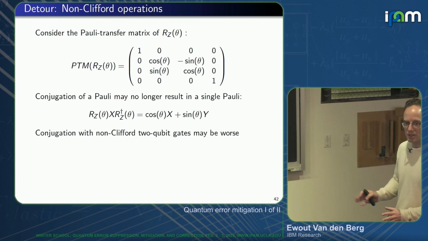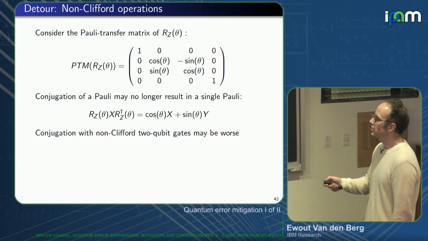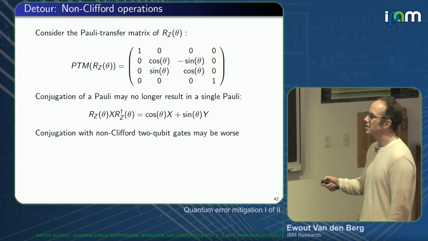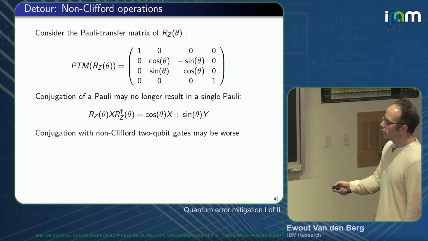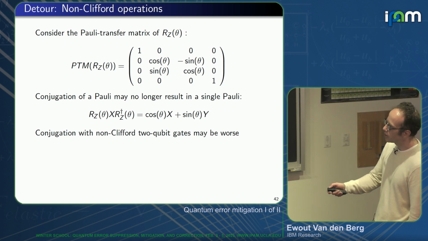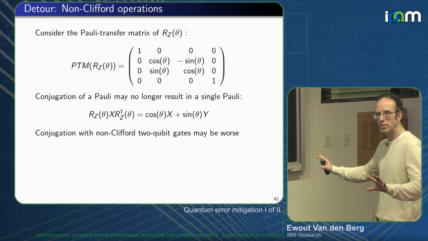Now, just as a detour, Clifford operators you can easily simulate, but non-Clifford is hard. And why? If you look at the Pauli transfer matrix of some Z rotation, this is what the Pauli transfer matrix will look like. So you get a cosine sine term here. So if you apply this to a Pauli X, you get some cosine term times X and a sine term times Y. So it splits up.